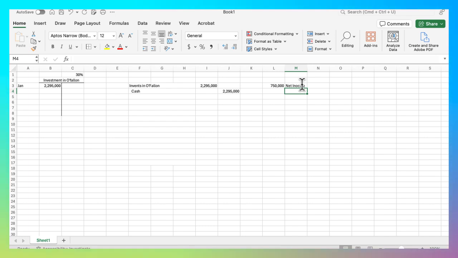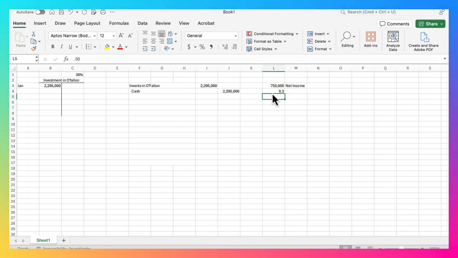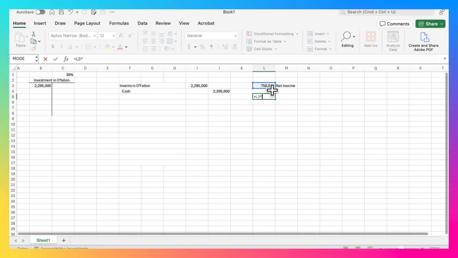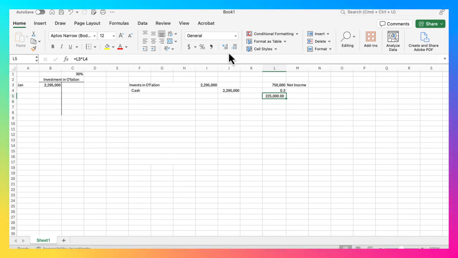Okay, that's what we're doing here. So I'm going to multiply that by 0.3 or 30%. We get $225,000. Okay, now this is the net income. So that means that's going to increase our investment in O'Fallon.